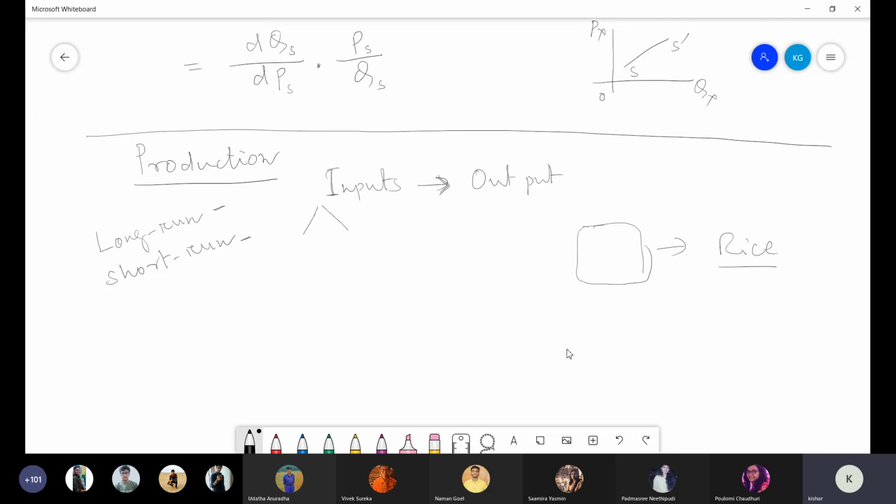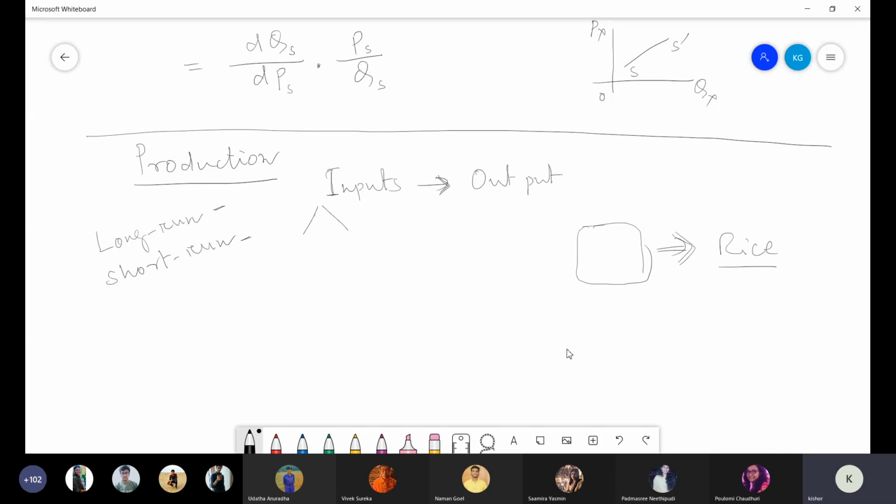So human labor, animal labor, machine labor, different labor categories may be there. Then you might be using irrigation, fertilizer, pesticides, other chemicals, or organic manure, and so on. So there may be n different inputs. By combining all these inputs, after a certain period, you get the final product, that is paddy or rice. The processed one is called rice.